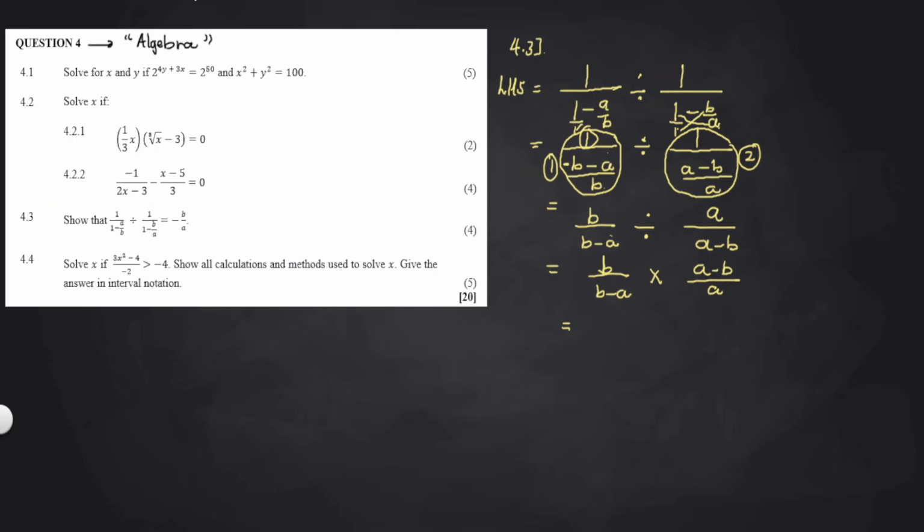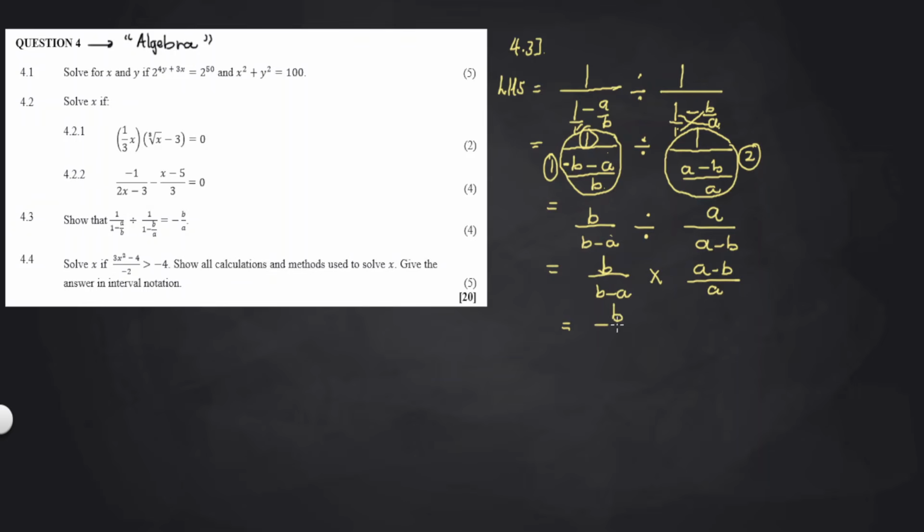But the problem is, these variables do not have the same signs. A is negative here, but a is positive there. This is an indication that you need to apply what we call a sign change rule, so that we get the variables to have the same signs.